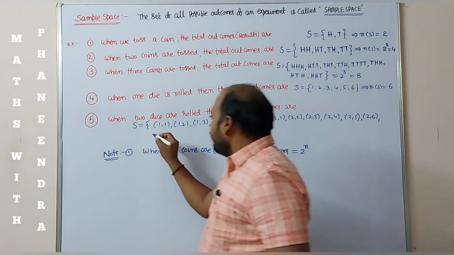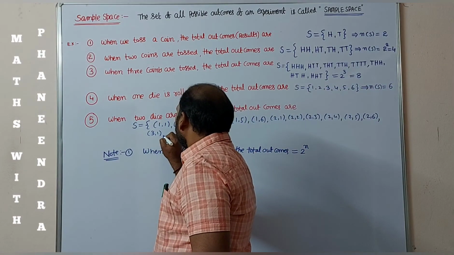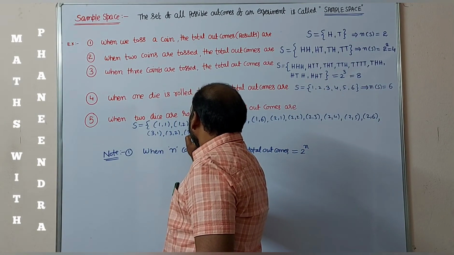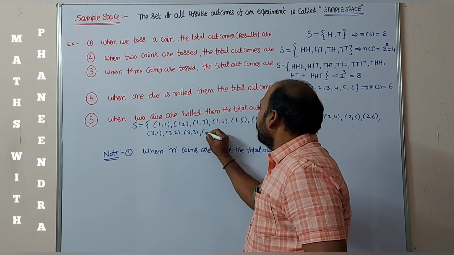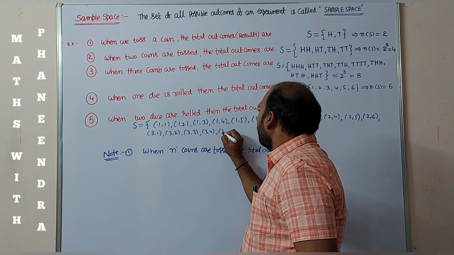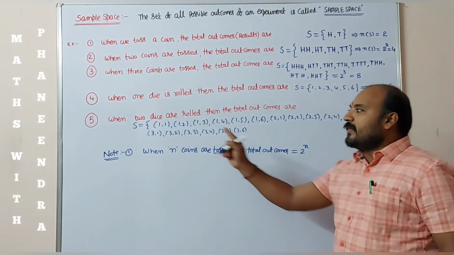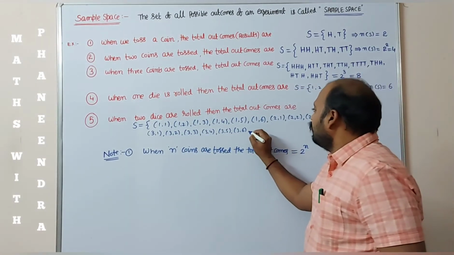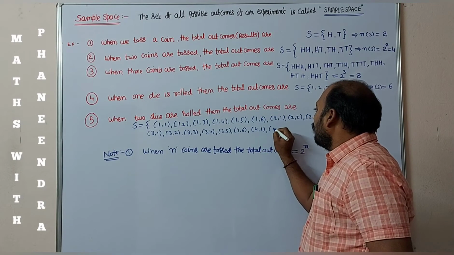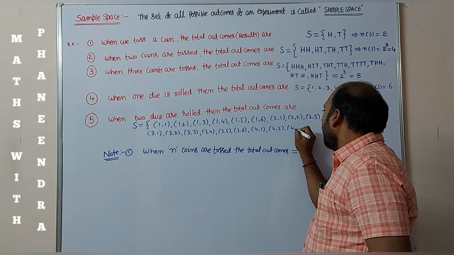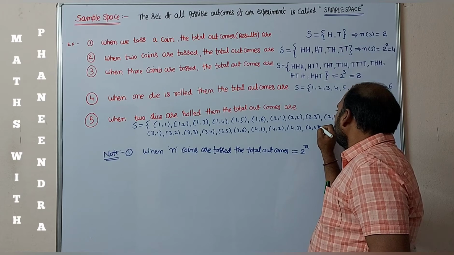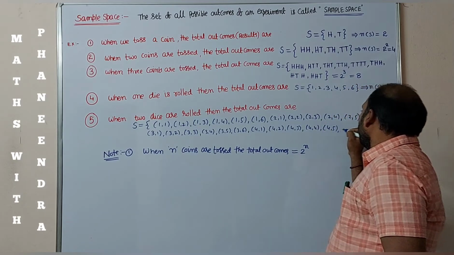Like this, (3,1), (3,2), (3,3), (3,4), (3,5), (3,6). This is the way we may get (4,1), (4,2), (4,3), (4,4), (4,5), (4,6).